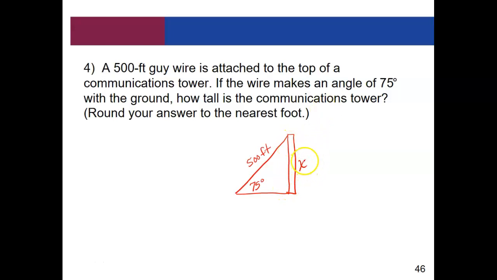So I'm going to be working with opposite and hypotenuse. So that is going to be my sine function. Sine uses opposite and hypotenuse. So the sine of 75 is going to be opposite over hypotenuse. Cross multiply, so x is going to be 500 times the sine of 75.